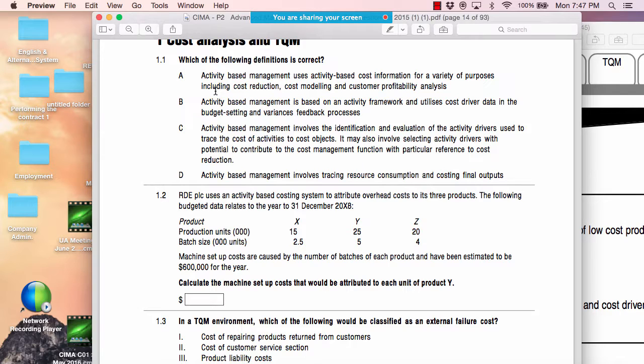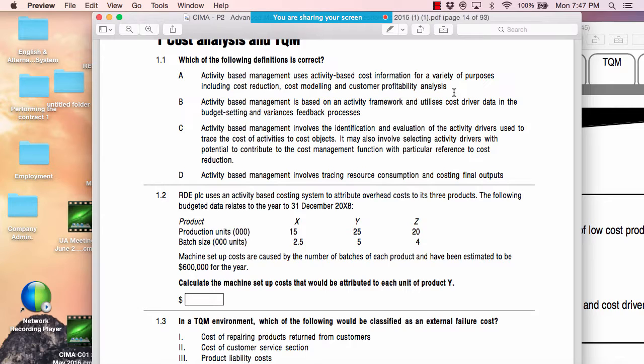Whereas activity-based management uses activity-based cost information for a variety of purposes, including cost reduction, cost modeling, and customer profitability analysis. Yeah, so it's more the information there which goes to the management, isn't it? Whereas C is breaking it down into how it's done.